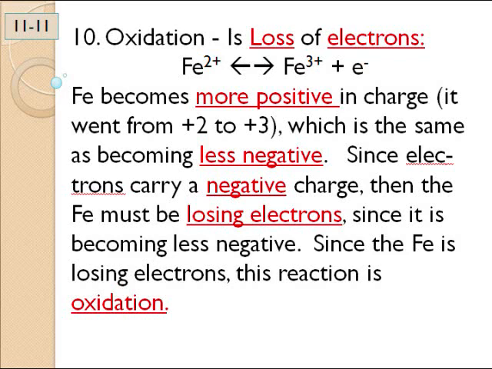So when it went from +2 to +3, what had to happen? It lost an electron. When it did that, it became less negative, more positive. Anything that loses electrons and becomes more positive, that's oxidation.